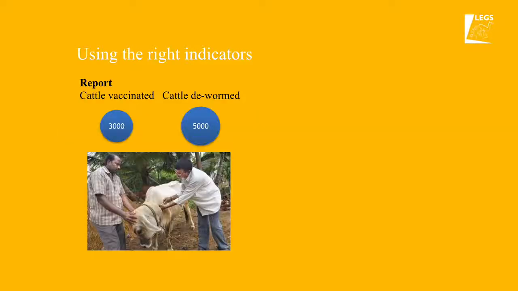Now, let's look at another aspect of measuring impacts of livestock projects. Imagine a project which responded to a flood in Bangladesh and reports that it has vaccinated 3,000 cattle in the flood-affected area and treated 5,000 cattle with deworming medicines. At first sight, this seems like an impressive project with a lot of cattle vaccinated or treated.